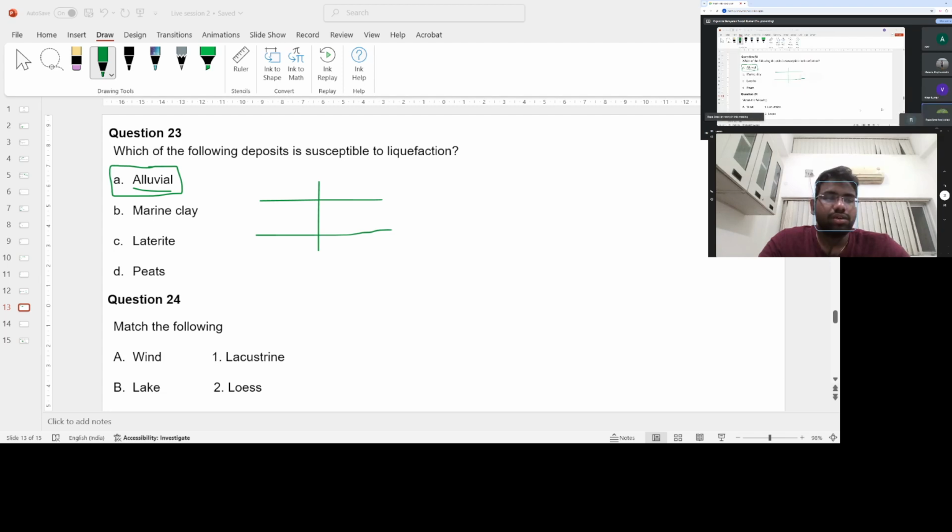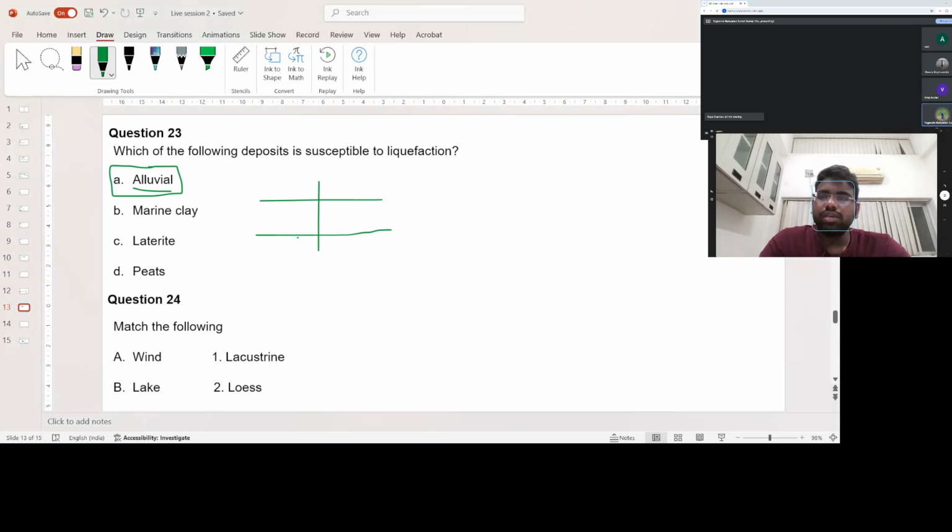So there will not be much difference in the size distribution, which results in loose deposits. If you consider a soil sample with varied particle size, there will be good packing between these particles, and when you consider uniform particle size, the packing will be very loose. So that is the reason they are subjected to liquefaction.